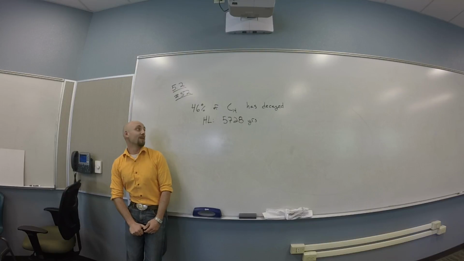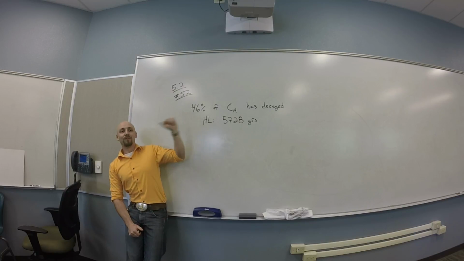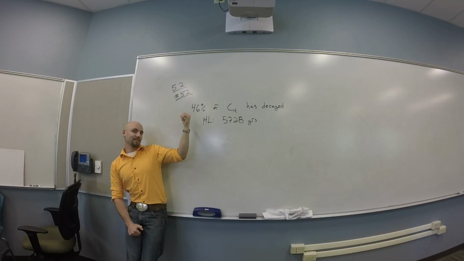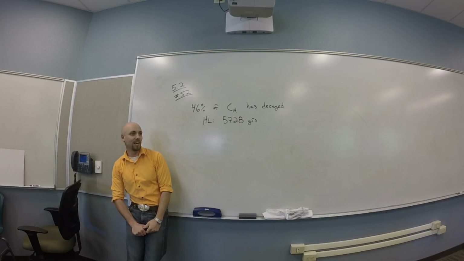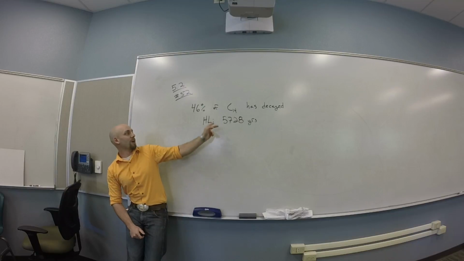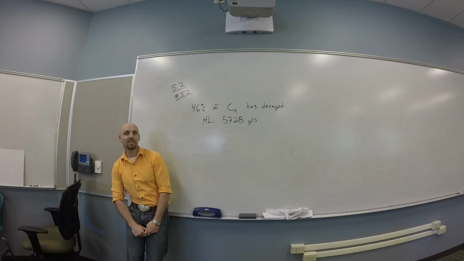Anyway, point is, he fell in a snowbank a while ago, and now what we know is that 46% of the C14 in his body has decayed. So we also know that the half-life of carbon-14 is 5,728 years. So the question is, how long has he been in the snowbank?